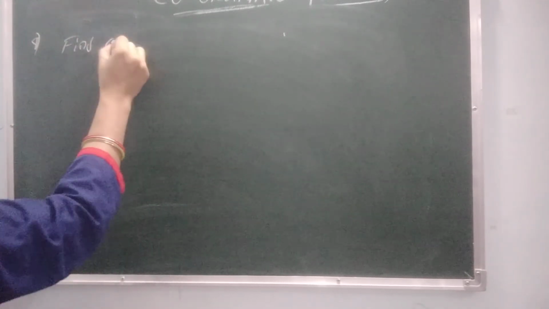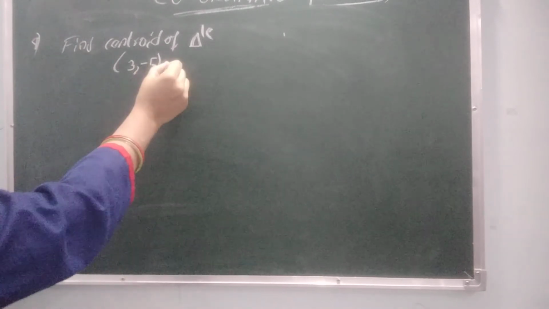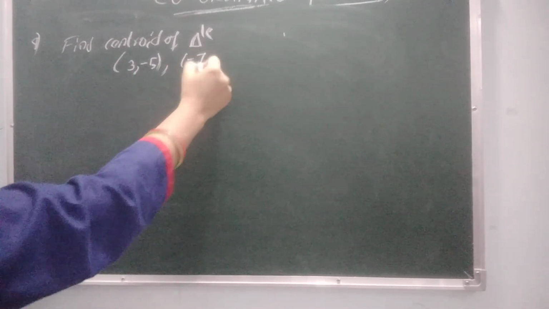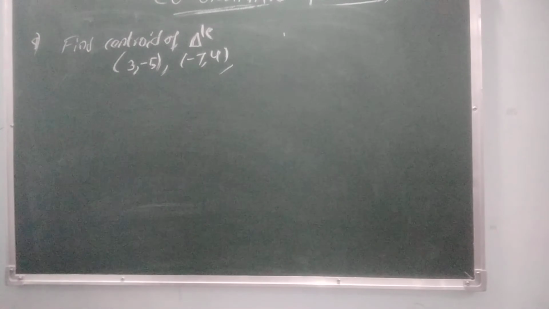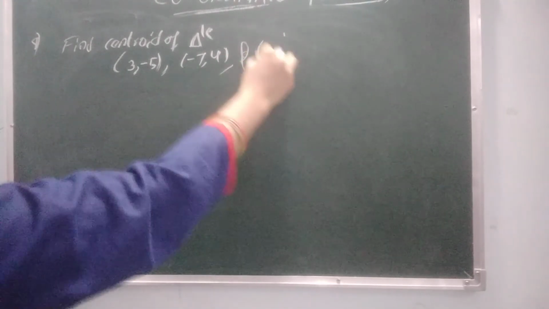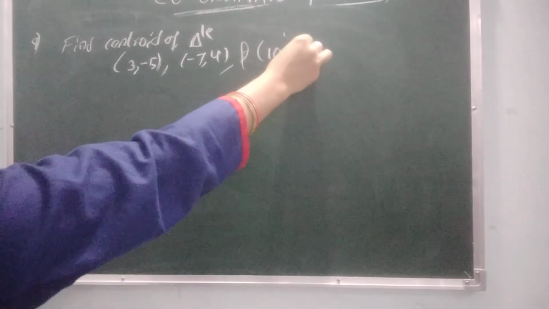Okay. Next we will do the centroid. Find the centroid of the triangle whose vertices are 3 comma minus 5, minus 7 comma 4 and 10 comma minus 2.